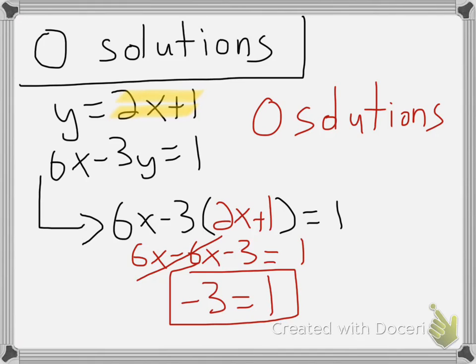Now let's go over another case. Let's find out what this one, I'm not going to tell you first. Let's find out how many solutions this one has. So we're going to have y equals 2x plus 1, right?